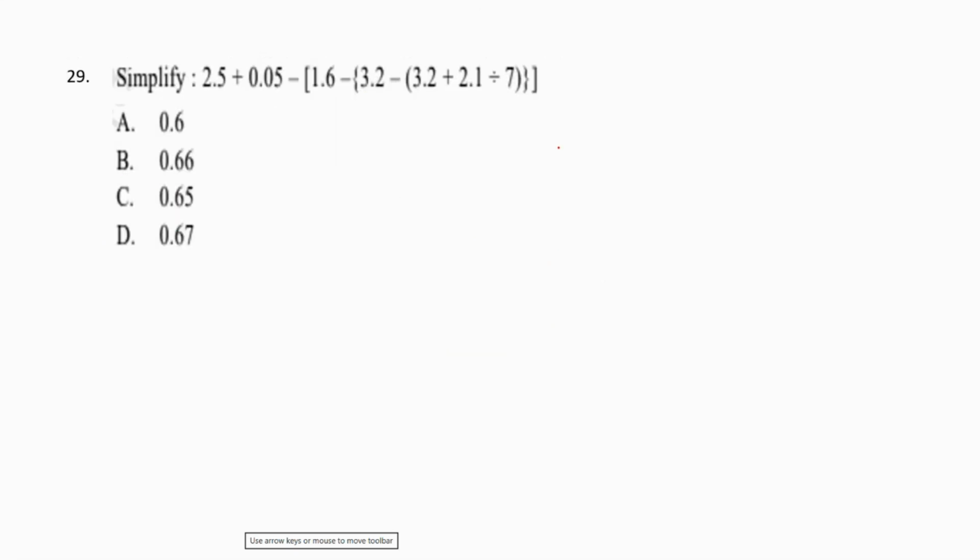Next question number 29, we need to simplify 2.5 added to 0.05 minus of, let's solve the bracket, 1.6 minus bracket open 3.2.